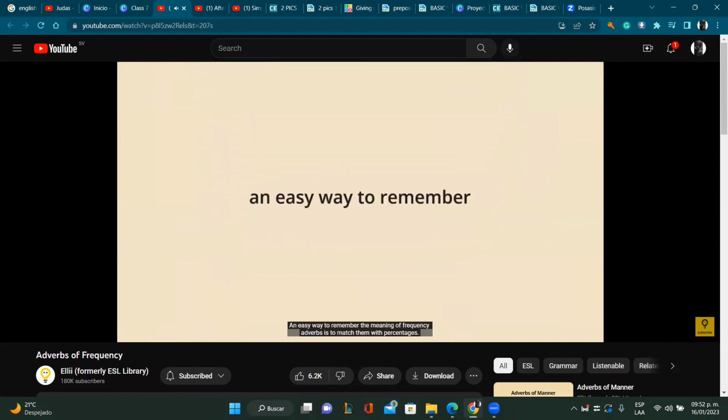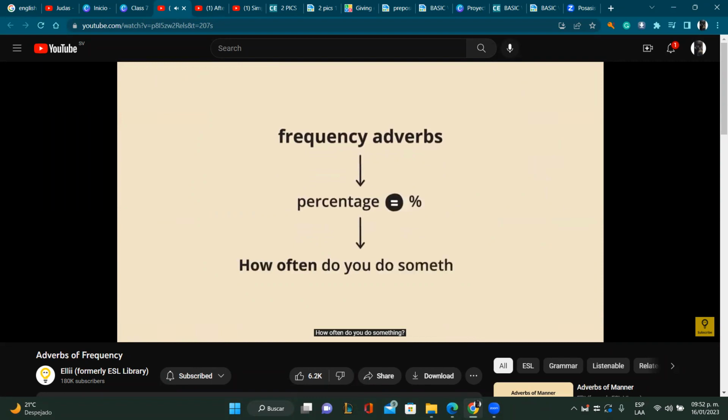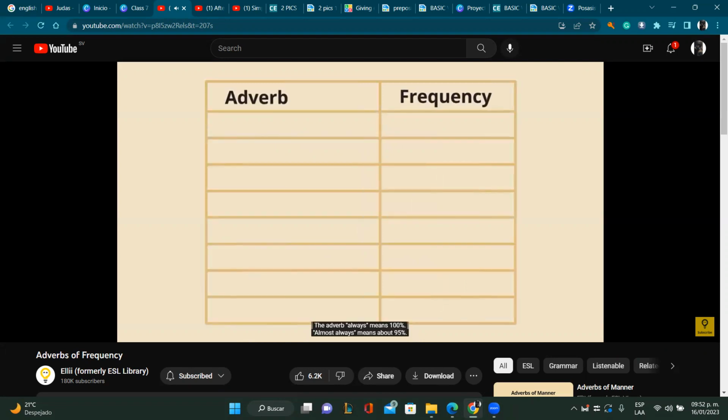An easy way to remember the meaning of frequency adverbs is to match them with percentages. How often do you do something? When talking about frequency, 100% means you do something all the time. 0% means you don't ever do it. The adverb always means 100%.